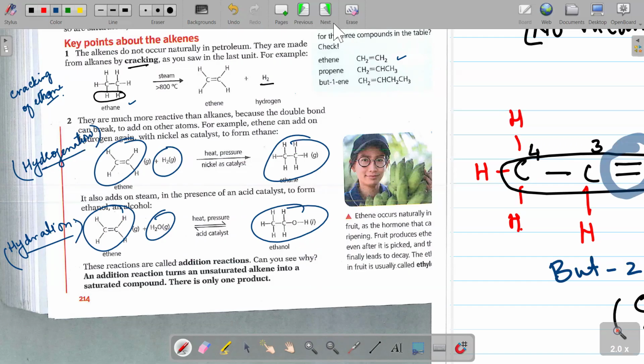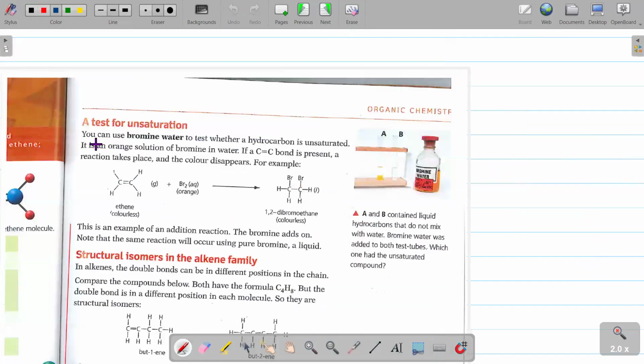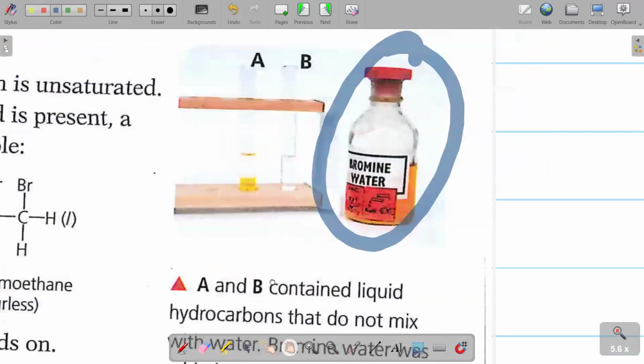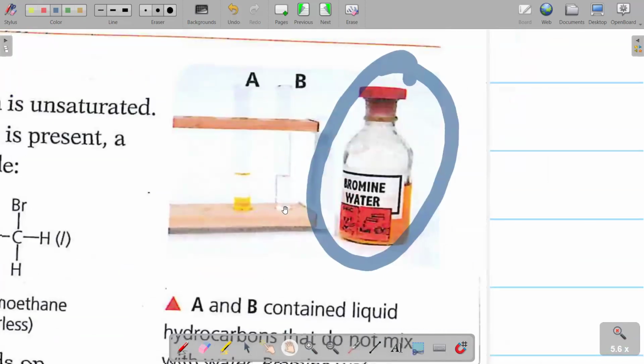Now next, test for unsaturation. We can use bromine water for a test. As you can see in this diagram, one of the test tubes had a saturated compound and the other an unsaturated compound.